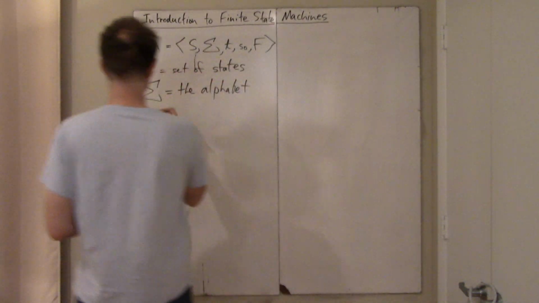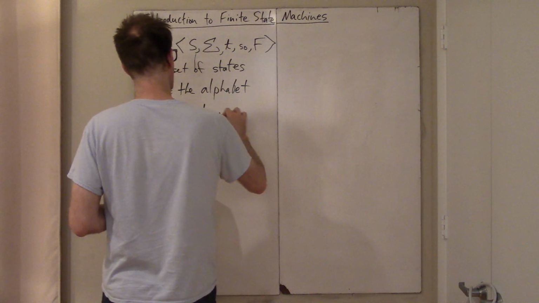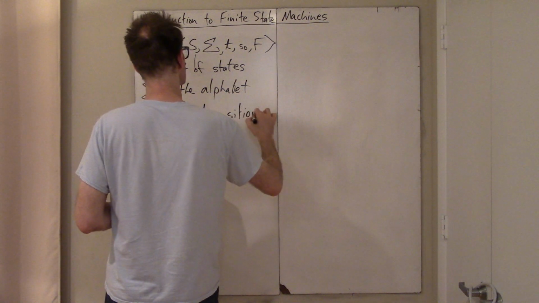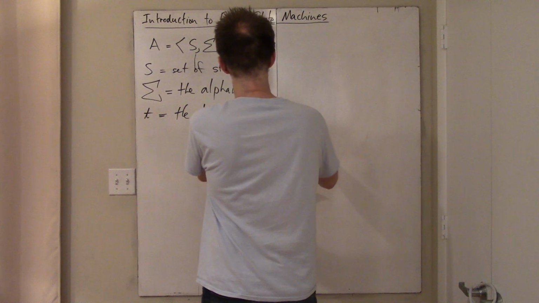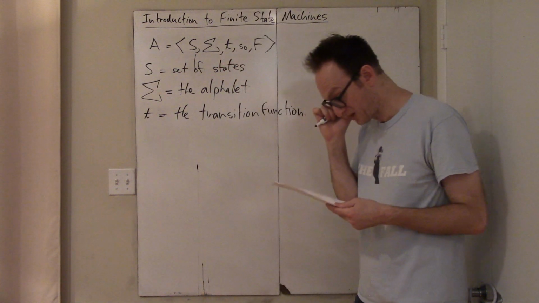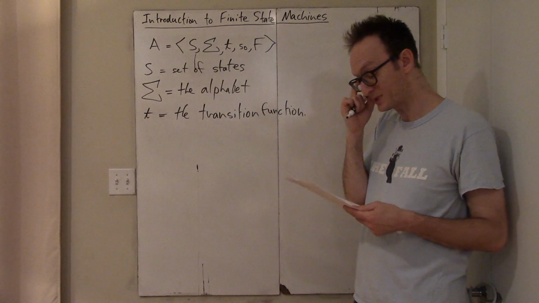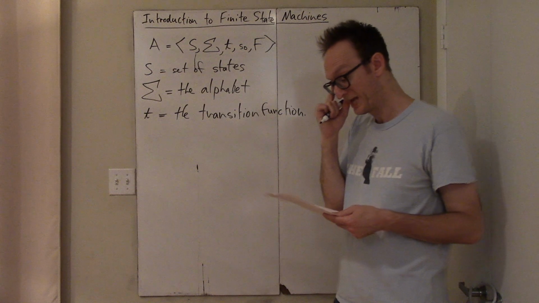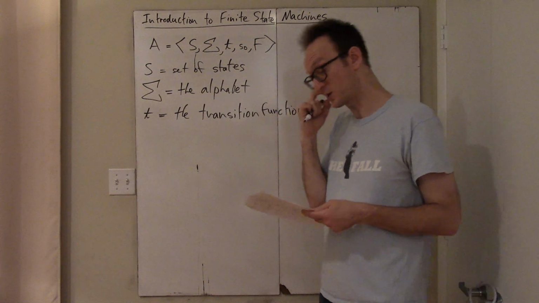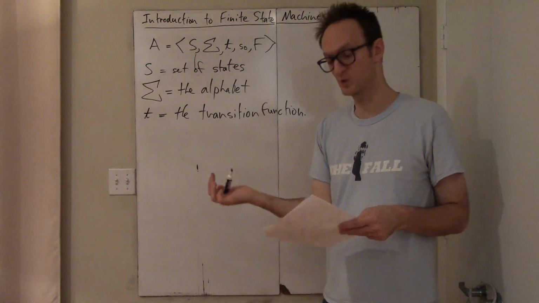Then there's T. This is the transition function. The transition function basically describes what this machine A should do in every state. It depends on what state we're in, and also what character we just read.